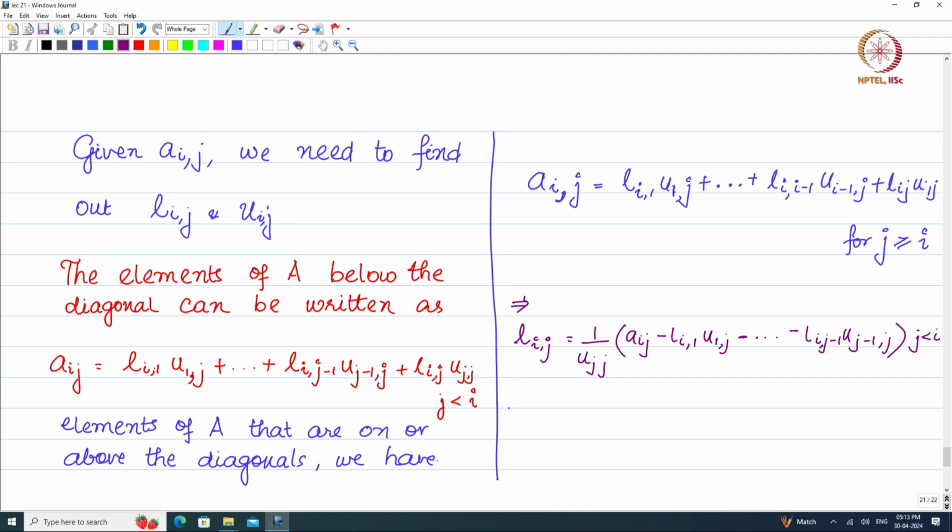And we are going to have Uij equal to Aij minus Li1 U1j minus etcetera minus Li,i-1 Ui-1,j. This is for j greater than or equal to i. That means you have actually got the values of the lower triangular matrix and the upper triangular matrix, the Lij values and Uij values, right.